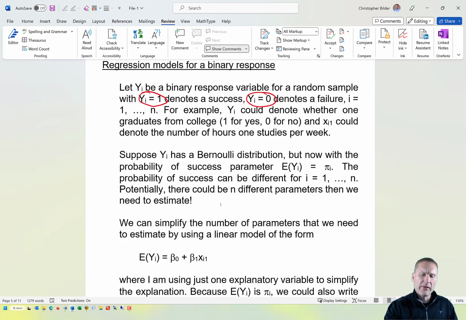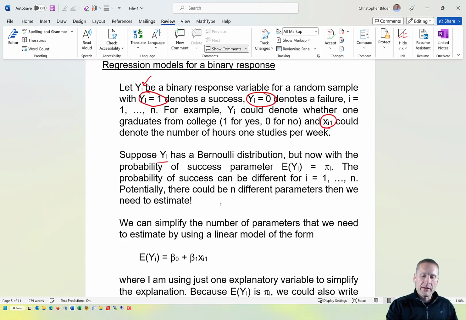And for now, just for emphasis, I'm going to add a subscript i to the y to say that this is for the corresponding ith item that we're interested in. So a real brief example, suppose y sub i could be something that denotes whether the ith person graduates from college, yes or no, 1 or 0. And I could look at, let's say, maybe one explanatory variable called x sub i1, which denotes the number of hours that a student studies per week.